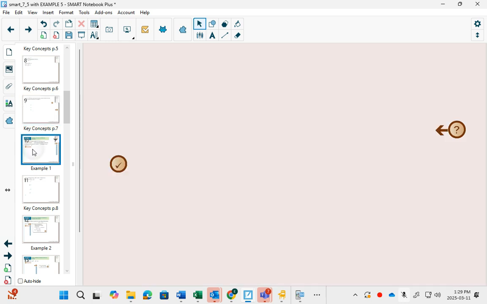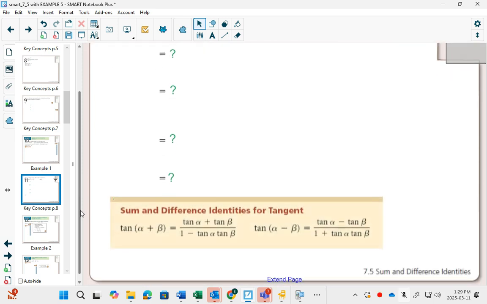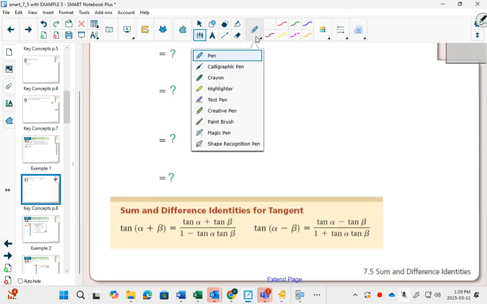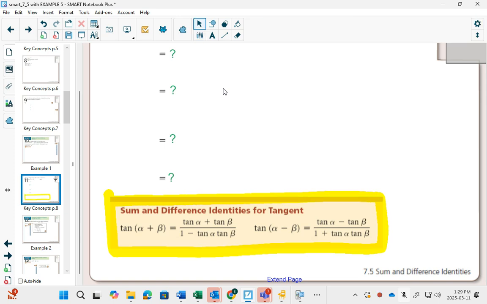No, that's not what I'm looking for. Example 1 here. There it is. You can put a highlighter box. There's also a formula for tangent. So we have 6 new formulas, all on your formula sheet.